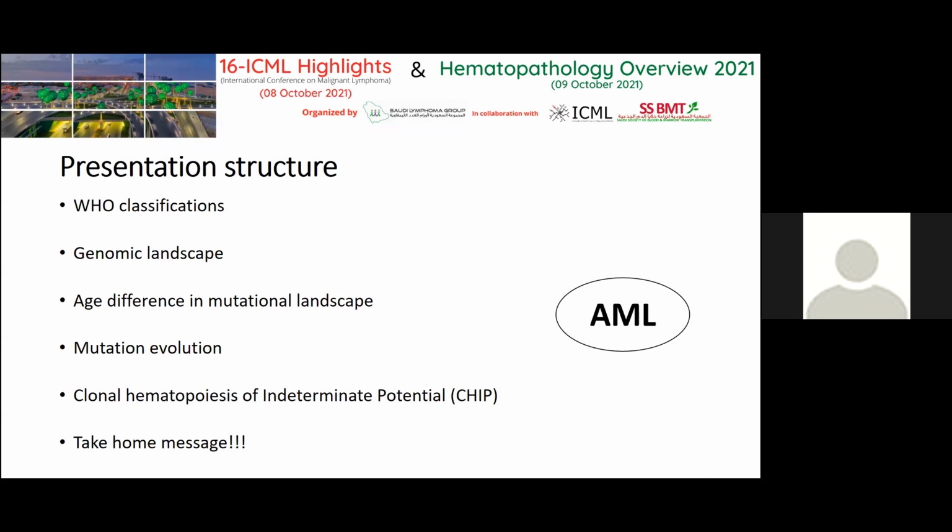So we'll start with the classification, genomic landscape, age differences in mutational landscape, mutation evolution, and clonal hematopoiesis of indeterminate potential, which is a very important topic. And at the end, I will end my talk with some take-home messages for my colleagues, fellows, and residents.